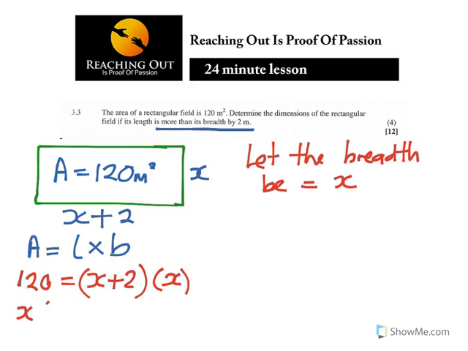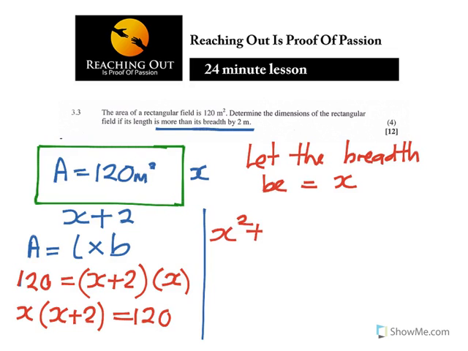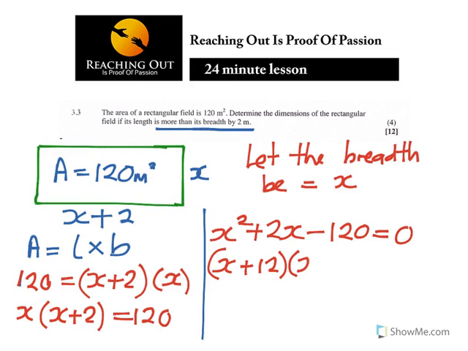You have x times x plus 2 is equal to 120. So you have x squared plus 2x. Now you have to transpose 120 to join the left hand side, which is minus 120, equal to 0. So what you have here is x plus 12, using the product sum method, and you are factorizing now.